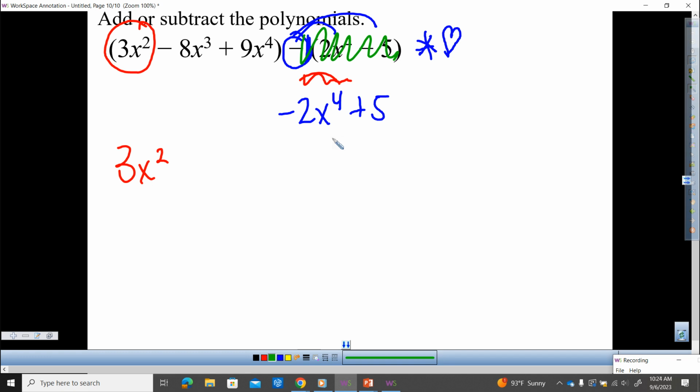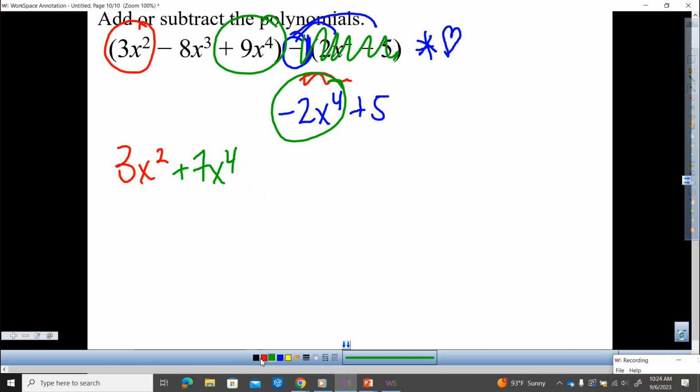We're using these two, okay? So what do I do next? So the 9x to the fourth and negative 2x to the fourth gives us 7x to the fourth. All right.